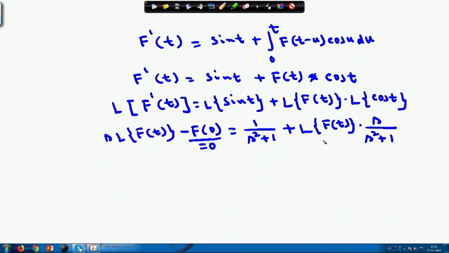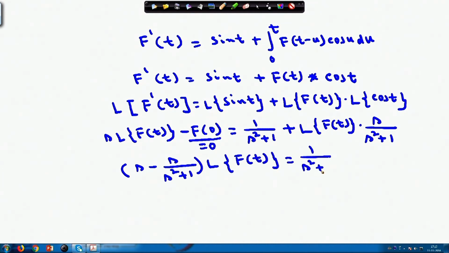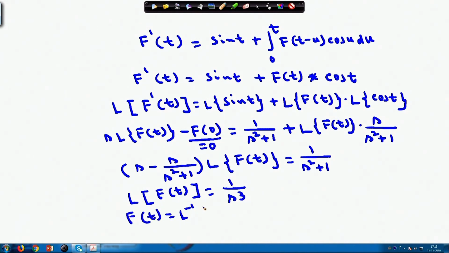Now if I take the Laplace transform of f(t) common, then I will obtain (s − s/(s² + 1)) times L{f(t)} equals 1/(s² + 1), and on simplification you will obtain the Laplace transform of f(t) is again 1/s³. So f(t) is the Laplace inverse of 1/s³, and you know that t²/2 is the function whose Laplace transform is 1/s³.